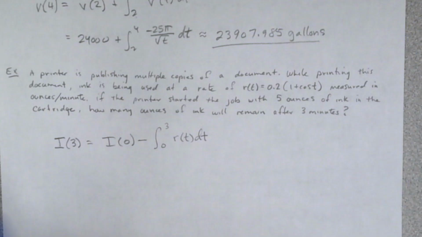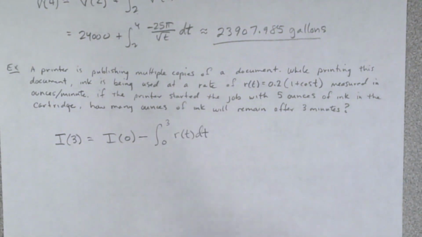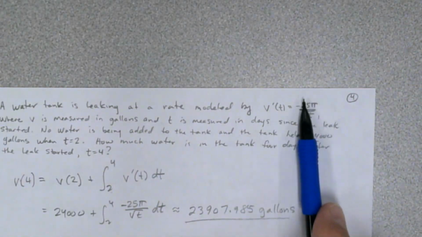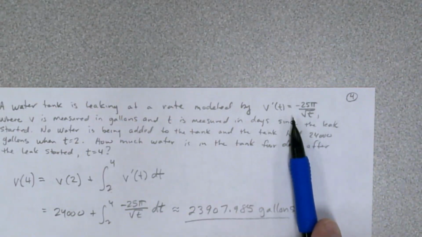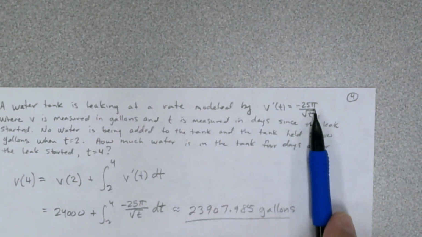They gave this to us in a positive fashion, whereas in this one up here, you can even see that they gave it to you as a negative value. So this tells us that we are decreasing. It is leaking at this rate.